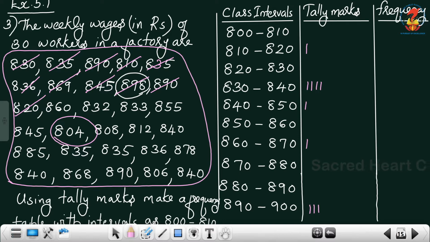Out of these two class intervals, 820 is the higher class interval. So 820, 860.